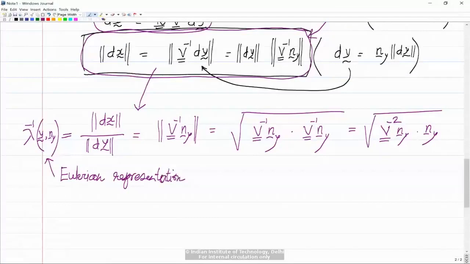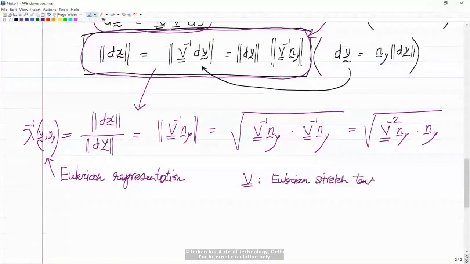That's why it's an Eulerian representation. And it is because of this reason, because in the Eulerian representation it is V coming up, right? So yeah, it is V inverse square, okay? V inverse square. So that's the reason why V is also often called Eulerian stretch tensor. Whereas this U is called Lagrangian stretch tensor.